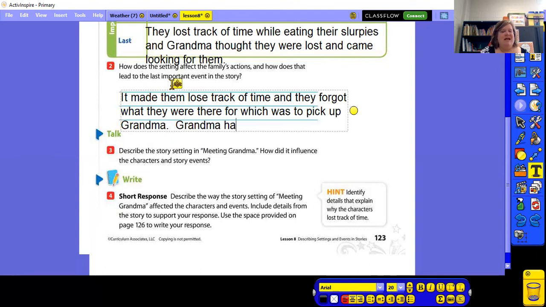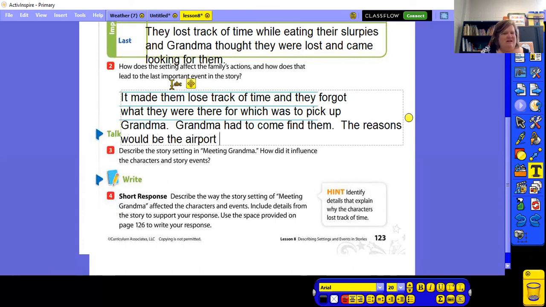Grandma had to come find them. And the reason would be, because we got to expand on it a little bit, the airport had so much to explore. It wasn't really a boring place. It was a place where they could explore.